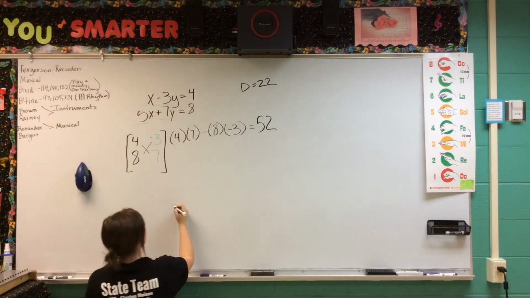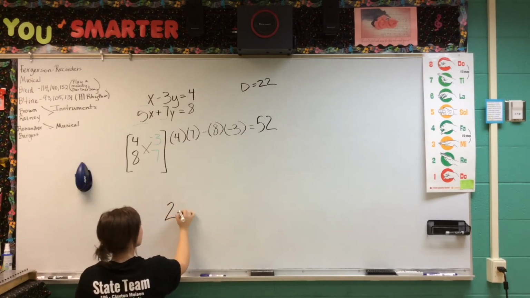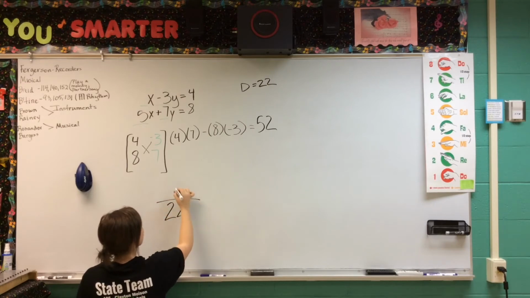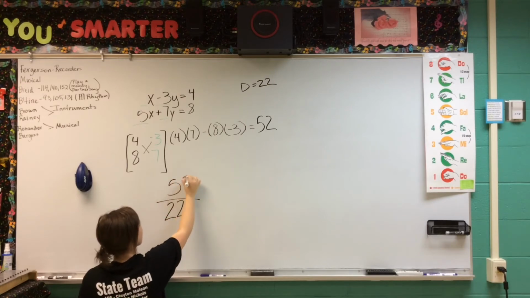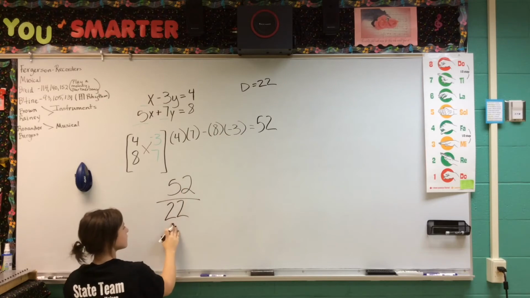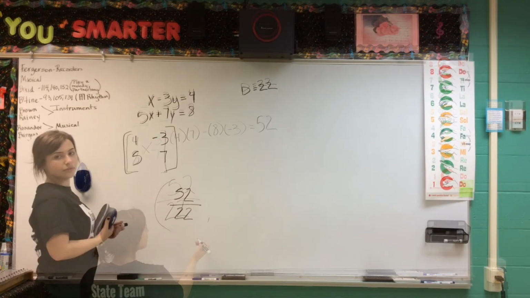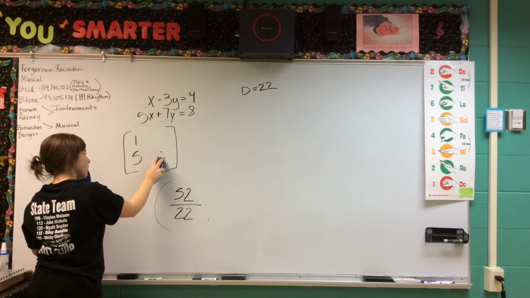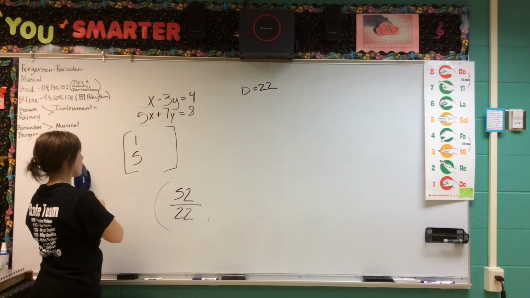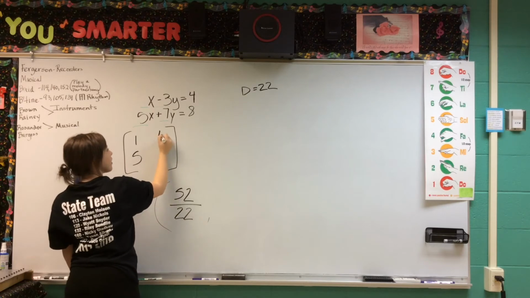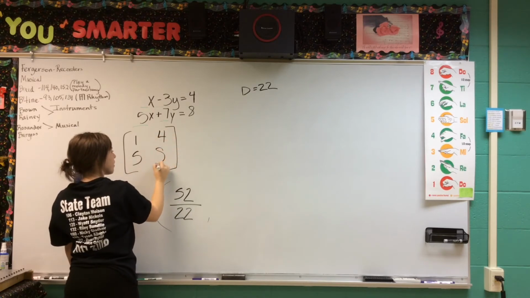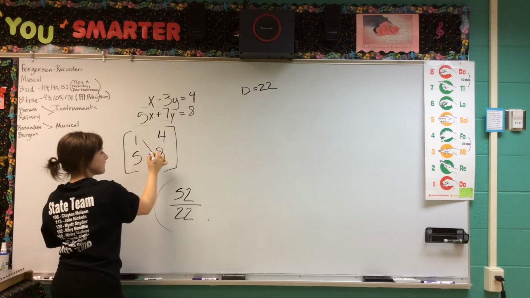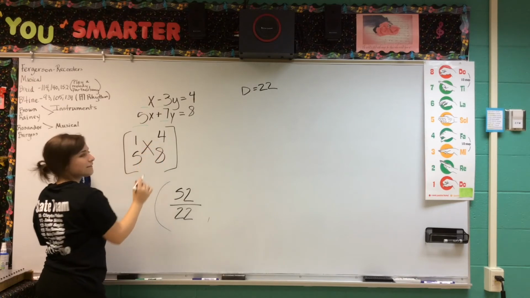So to find x, you put your dx over your d, which would end up being 52 over 22. Alright, so now we are going to leave our x coefficients, our entries, and delete our y entries, and sub in the 4 and the 8, and we're going to do the same thing.